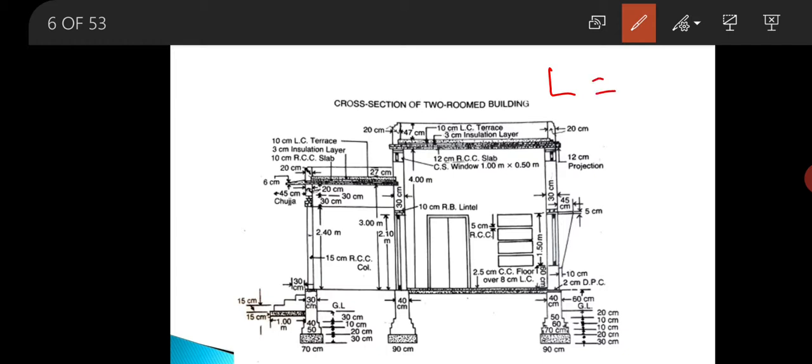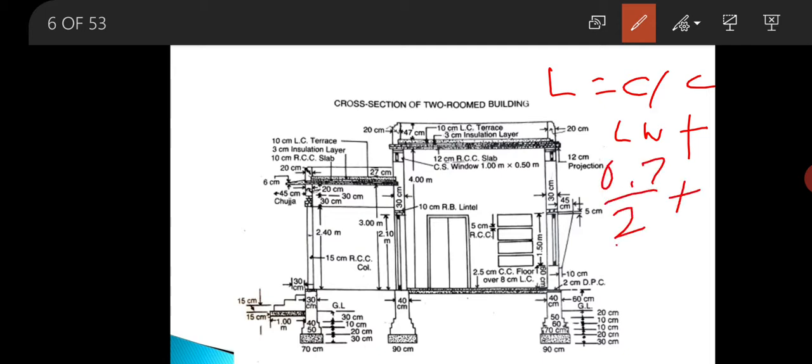So the length will be center to center length of long wall plus half of the width of the first footing. As we are now calculating the quantity of first footing, we will consider the width of first footing.